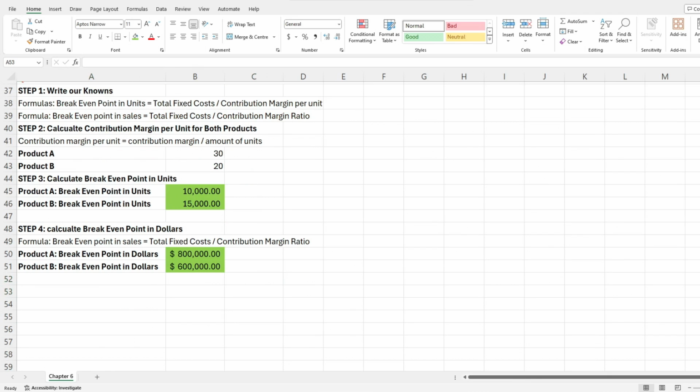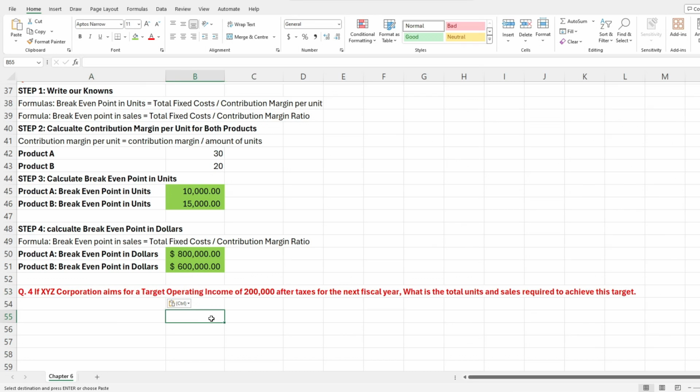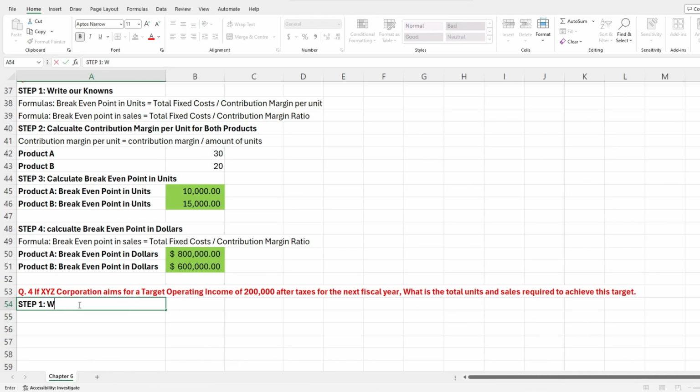So for question 4, let me get it here. So if XYZ Corporation aims for a target operating income of 200,000 after taxes for the next fiscal year, what is the total units and sales required to achieve this target? All right, guys, so like every other question, step 1, let's write our knowns.